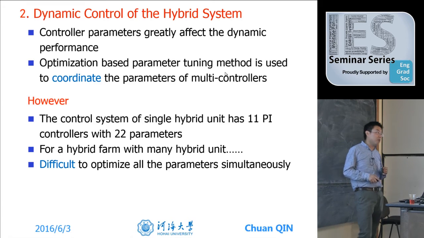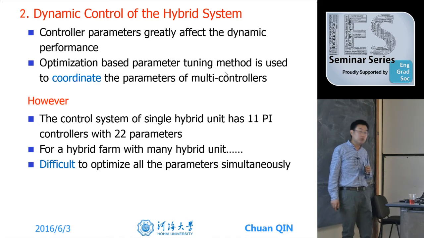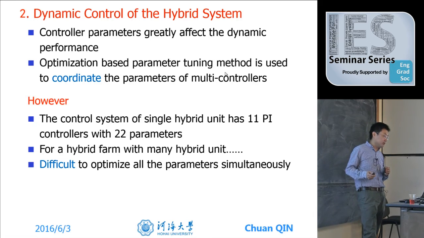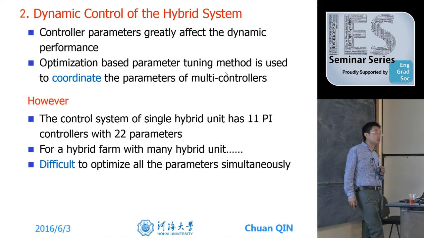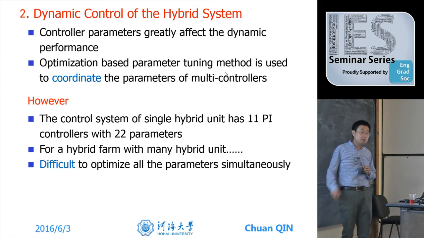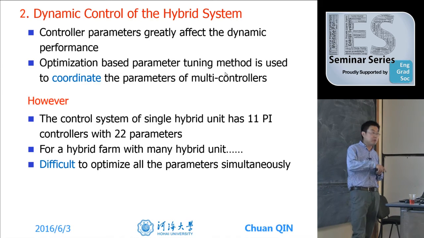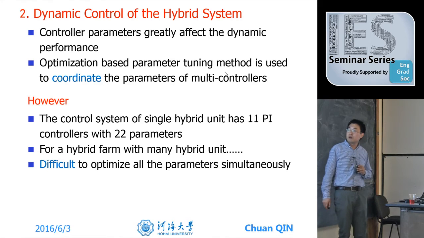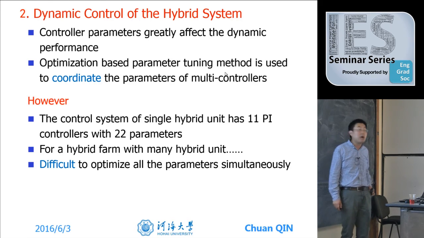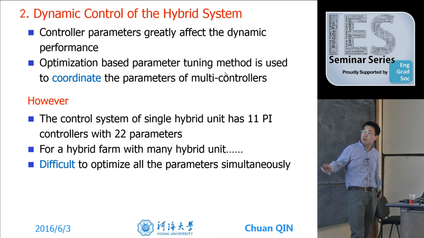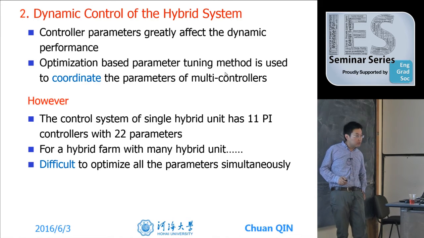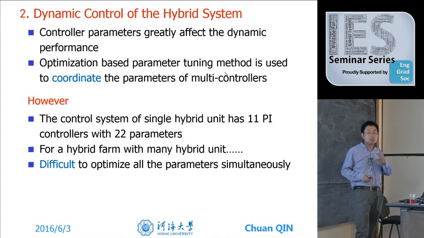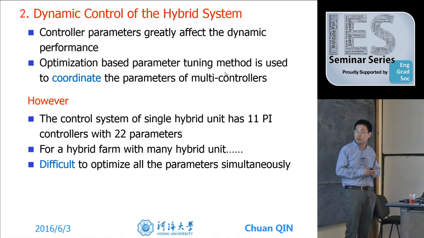So optimization-based parameter tuning method is used to coordinate the parameters of multi-controllers. However, as mentioned before, the control system of a single hybrid unit has 22 parameters. So for a hybrid farm with many hybrid units, there are a large number of parameters in the control systems.